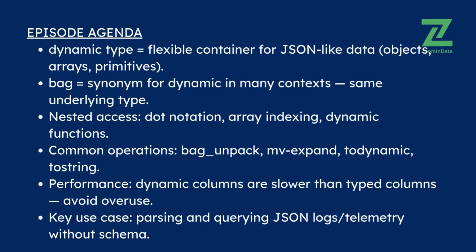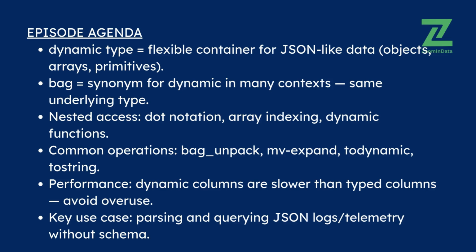The dynamic type is KQL's flexible container for JSON-like data: objects, arrays, primitives, nested structures. Bag is essentially the same type, a synonym in most contexts. You access nested fields with dot notation, array indexing, and dynamic functions.